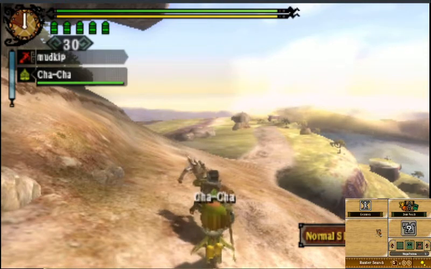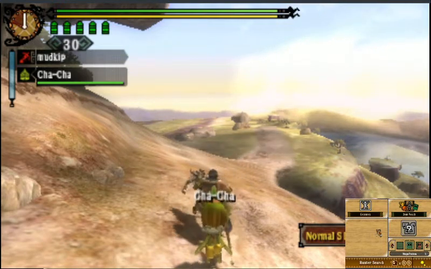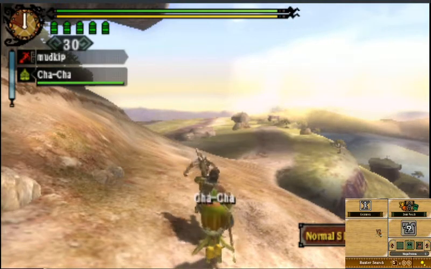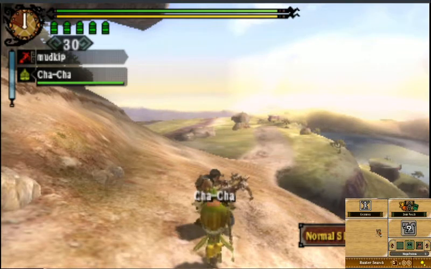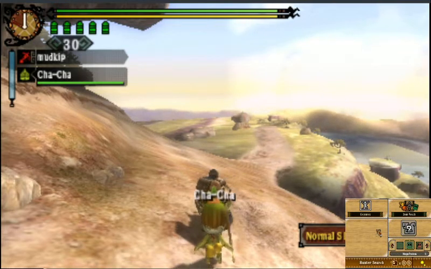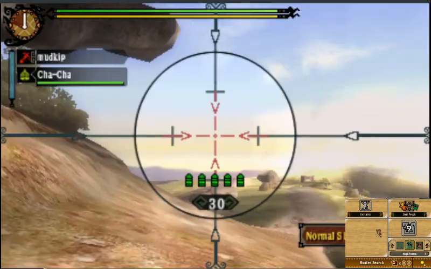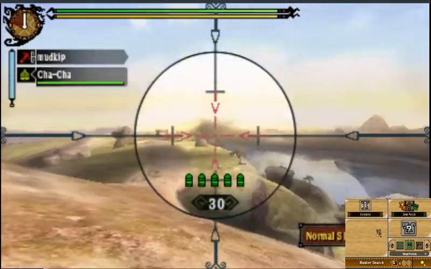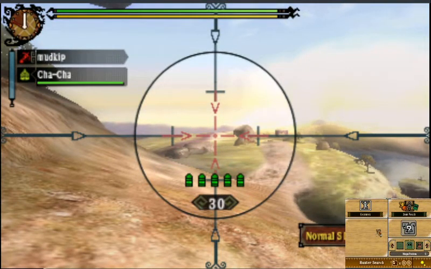You will be unable to move. Instead, your left stick will change the orientation of your hunter. So when you are in crouching fire mode, I highly recommend you to use the scope because it is just much easier to aim with the scope, and you are not going to be moving around anyways.